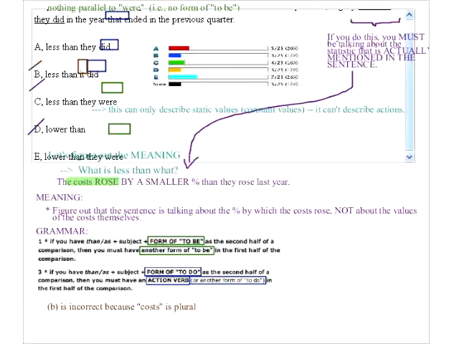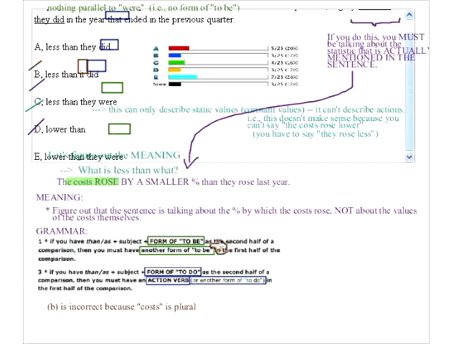In other words, since the sentence is about the rising costs, this doesn't make sense because you can't say the costs rose lower. You have to say they rose less. Like if you were describing the actual level at which they settled, like if you said now they are 4%, which is lower than what it used to be, then that'd be fine. But if you just describe how much they rise, you can't use lower to describe that action. So D is also incorrect.